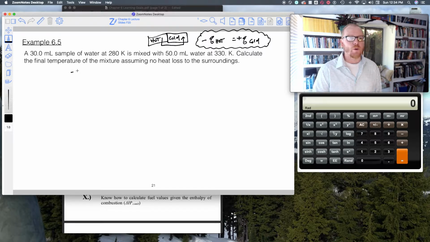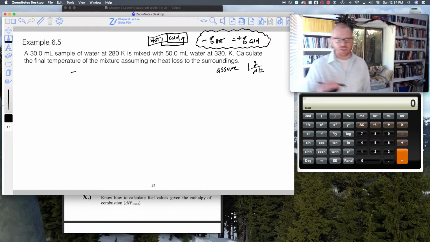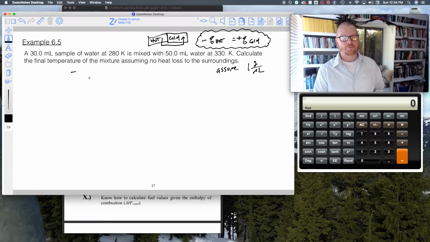The other thing I'll tell you is that because this is 30 mils of water, I should have given you this in the problem, but we'll assume that water is 1 gram per milliliter. So that should have said that in the problem, but it didn't.